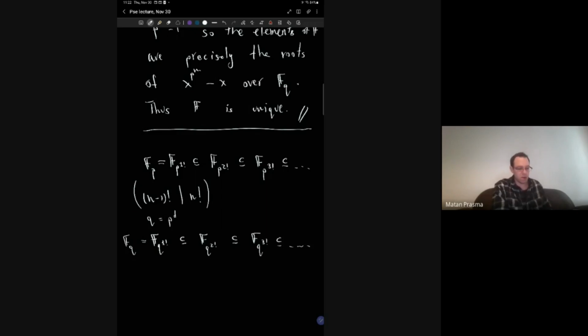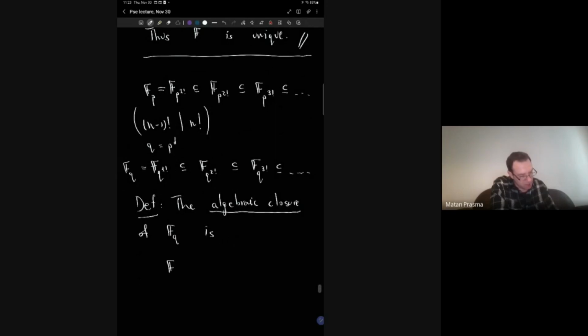So what I'm going to do, the algebraic closure of F_q is simply the union over all of this tower, F_{q^(n!)}, where n is a natural number, so maybe n goes from 1 to infinity.